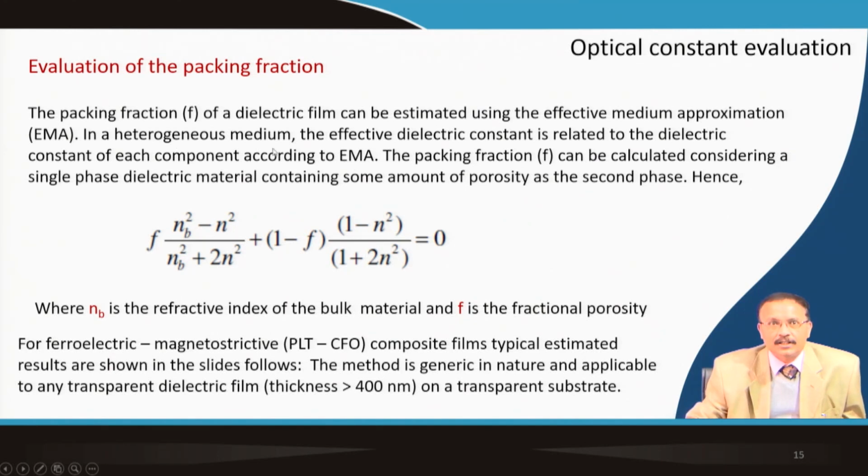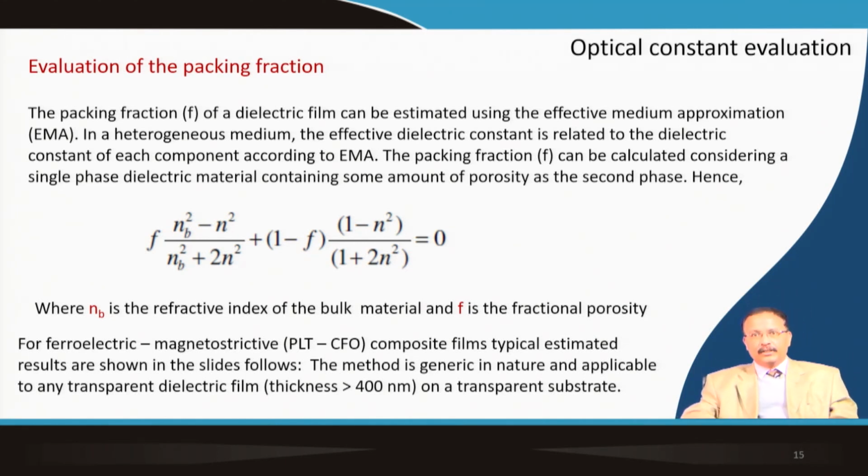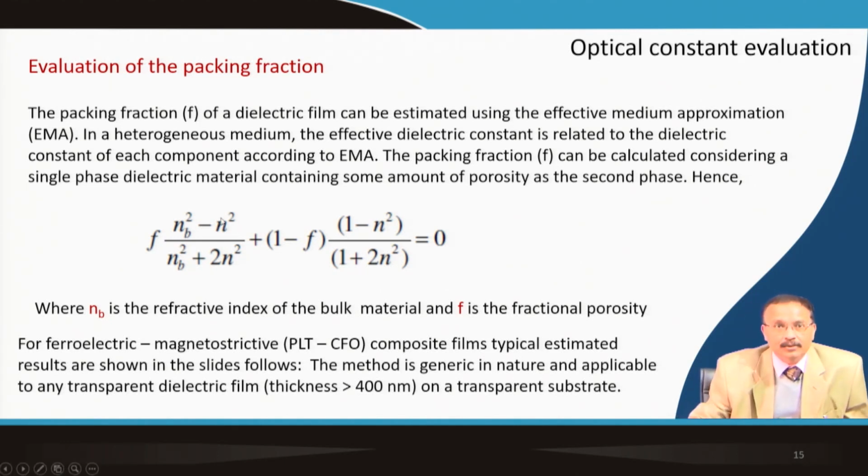So, in a heterogeneous medium, the effective dielectric constant is related to the dielectric constant of each component according to this EMA, and the packing fraction can be estimated. Here you know the bulk refractive index of the film material, n already you have calculated. So, you can calculate the fraction F from this relation.